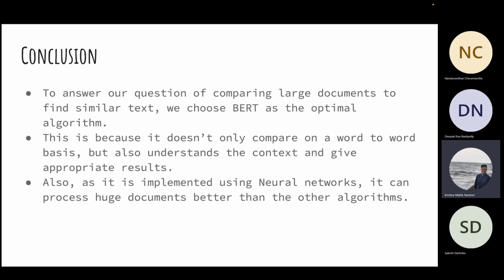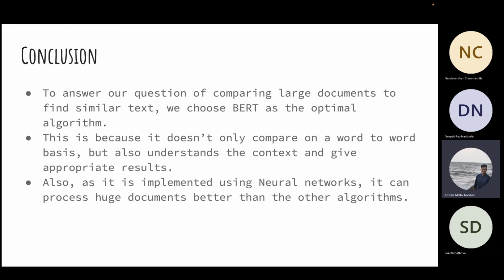So to conclude, we would want to say that the use case that we were looking for is to compare large documents and see the similarity between them. So as we are going forward using these algorithms for large documents, BERT is an optimal algorithm for us in this use case. As BERT does not only compare on word-to-word basis, but also understands the context and gives us appropriate results between all the documents.